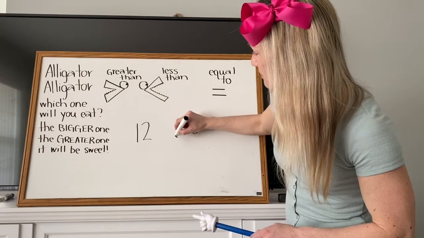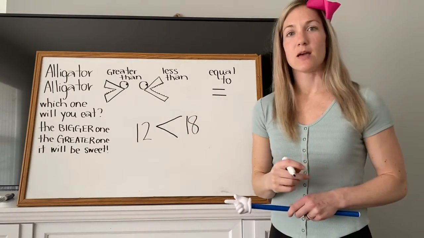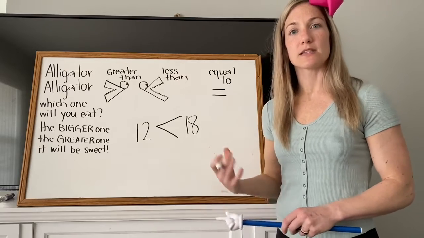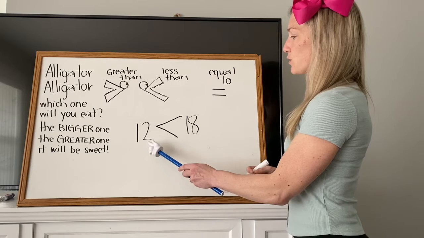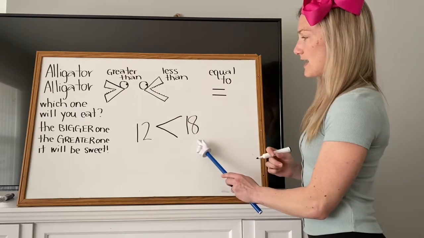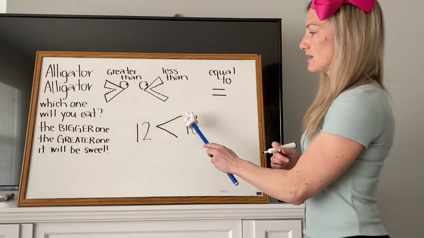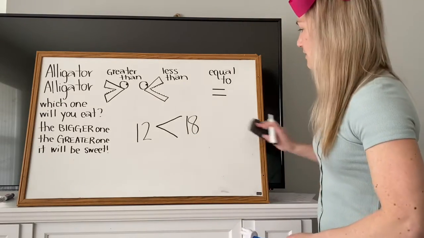So I'm going to make sure my alligator is chomping up the 18 because the alligator always likes the bigger one, the greater one. So I have 12 is less than 18. This symbol is the less than symbol.